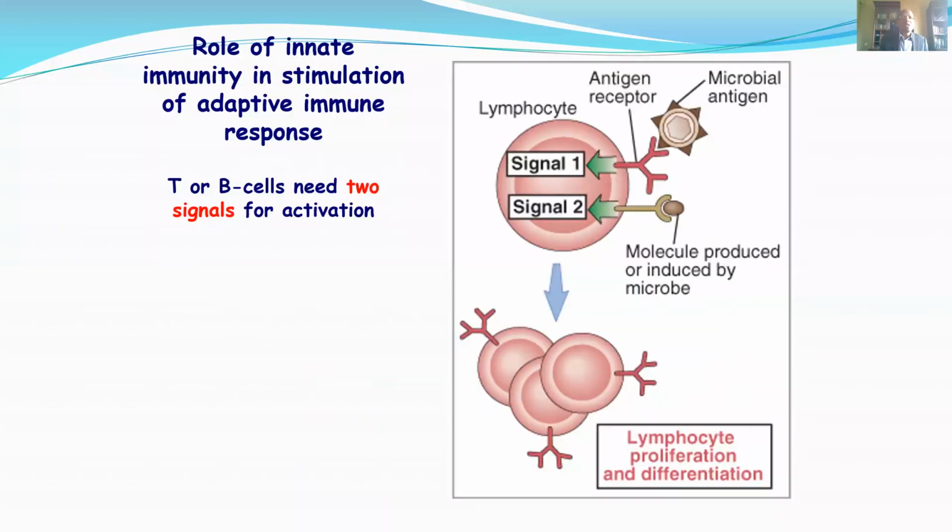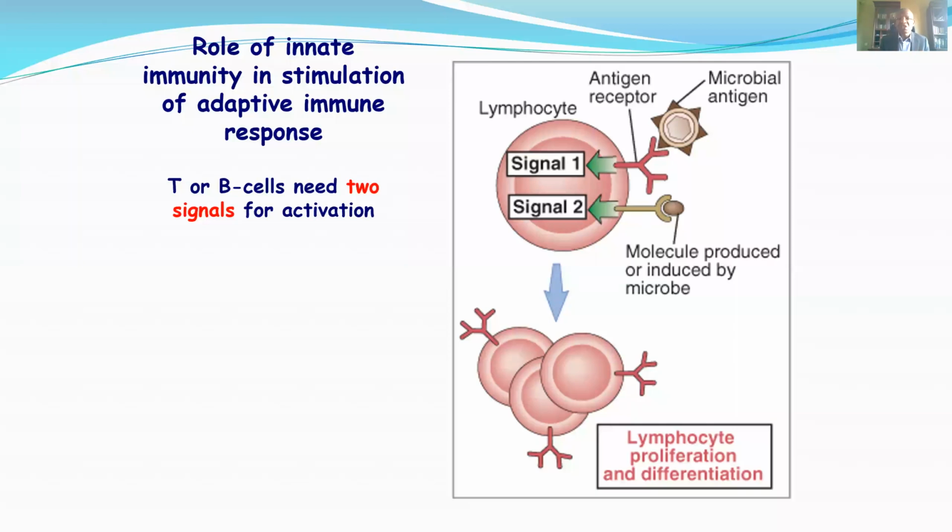Now, the final role of innate immunity is in stimulating the adaptive immune system. And this is going to be in two folds. Remember when I spoke about phagocytosis and the antigen presentation taking place.